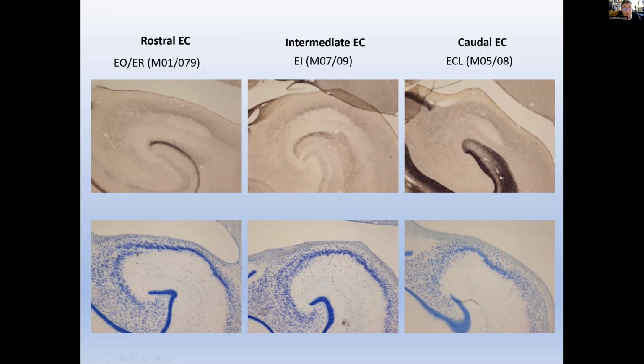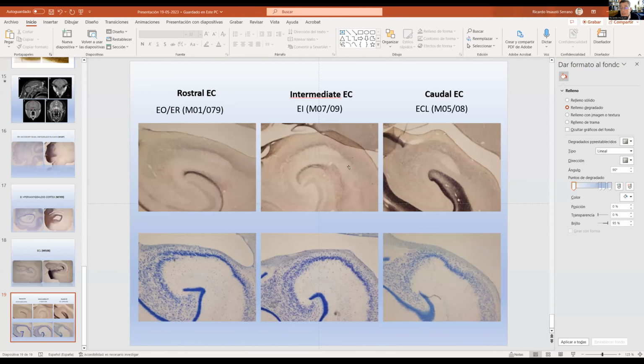Those are the equivalent adjacent levels, so you can look perfectly at the extent of CA2 and then the other fields.